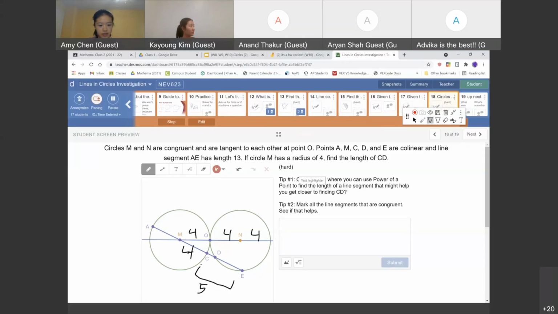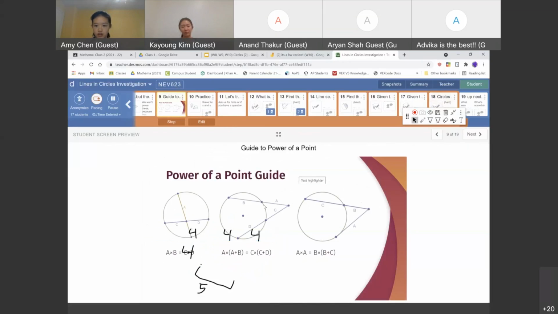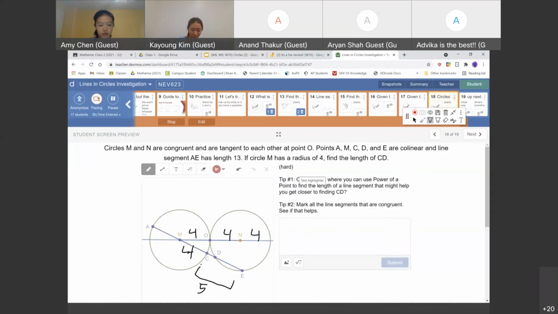So now we use the second formula, which says that we do this little part out here multiplied by the whole length equals the little part out here multiplied by the whole length, right? And so over here, the little part is MO, which is 4, and then the whole length over here would be 12 because we're looking at power of a point for this circle here. So 4 times 12 equals, and now we're just going to look at the bottom part.